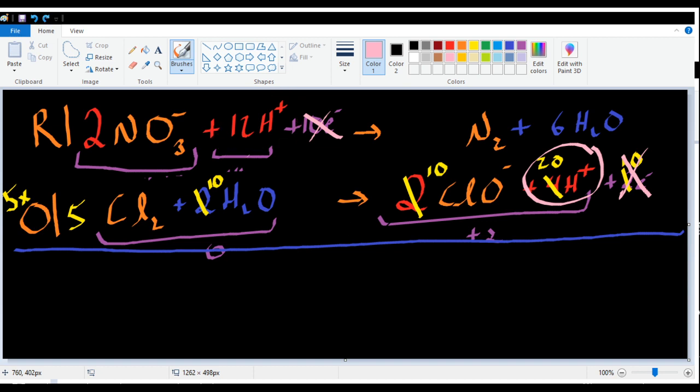So 20 minus 12 will leave us with 8 and 0. Then we have 10 water versus 6 water. The 6 water cancels. 10 minus 6 is 4. So now we just add together everything that remains.